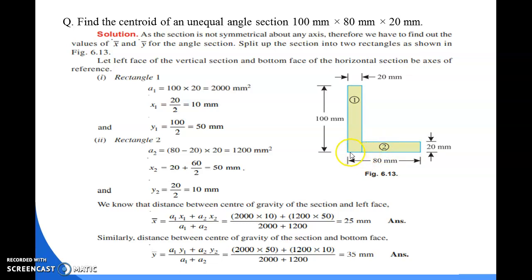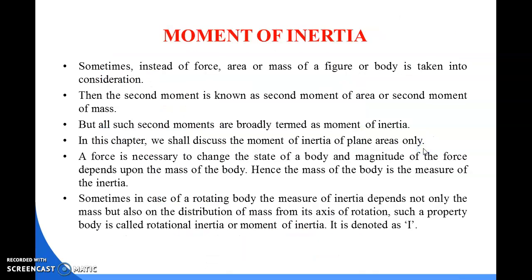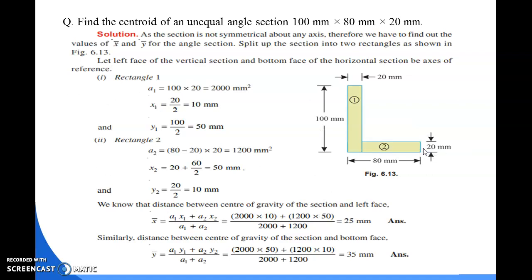So we need to deduct this much section from the total length. This much section is 20 mm, so 80 minus 20 is 60 mm. So the length of section 2 is 60 mm and the depth of section 2 is 20 mm. Hence the area is equal to 60 into 20, which is equal to 1200 mm square.